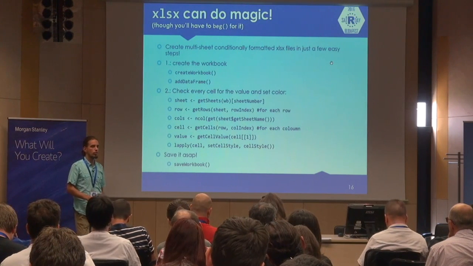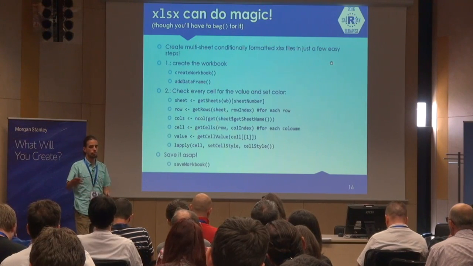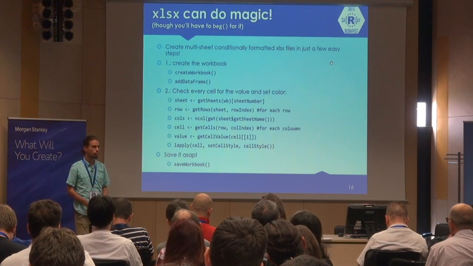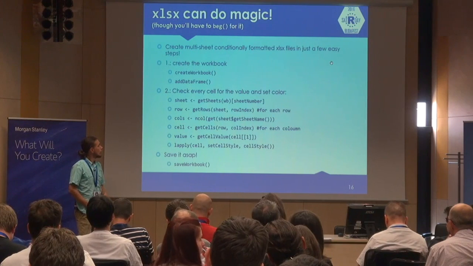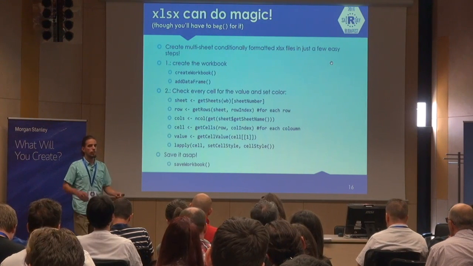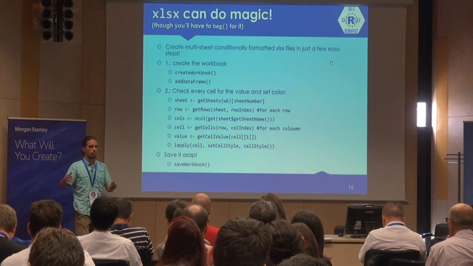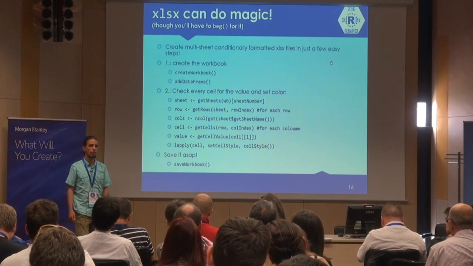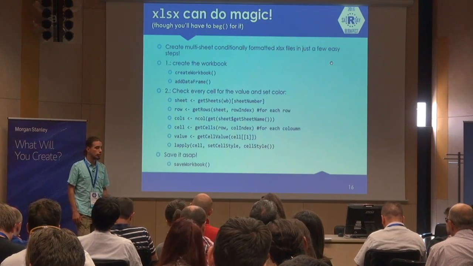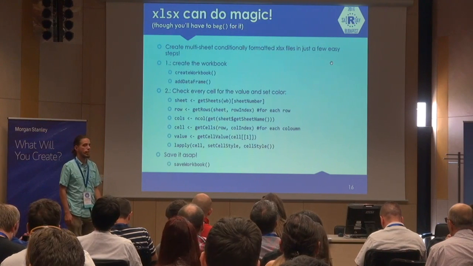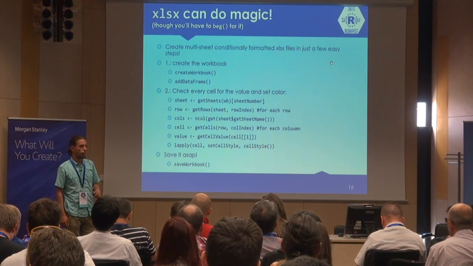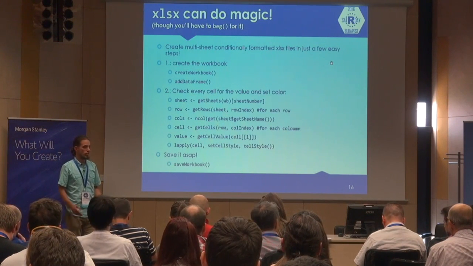I ended up with a solution that used a lot of for loops. I chose every sheet, every row, every cell in the row, and tried to apply a cell style, which wasn't as easy as I thought.